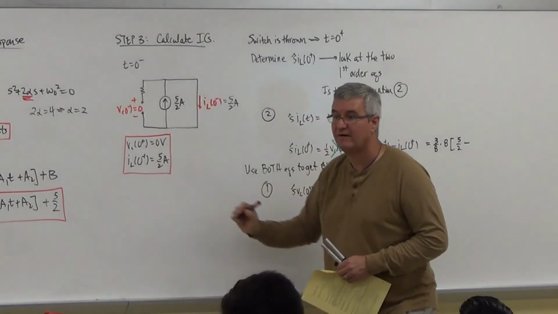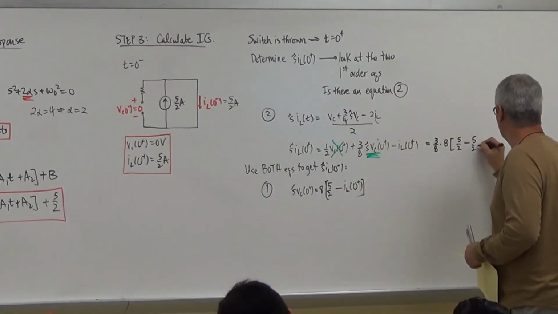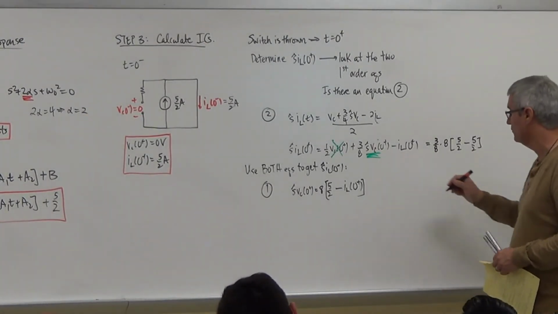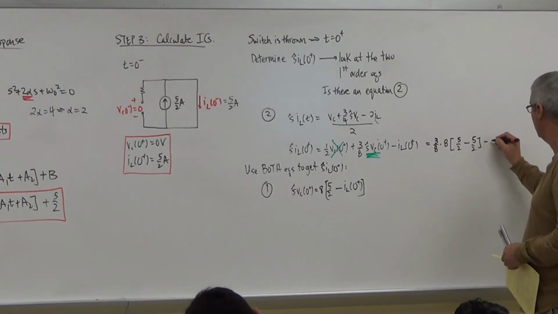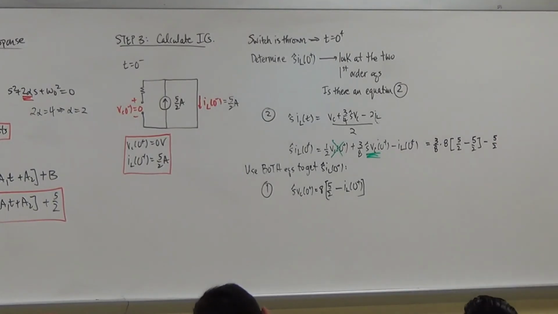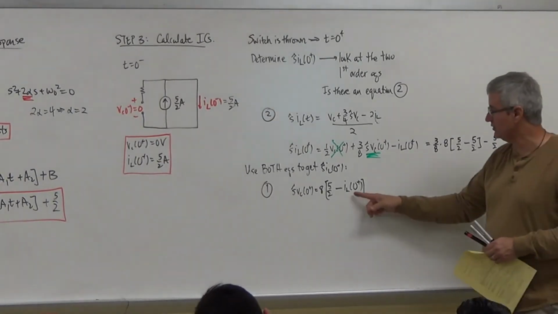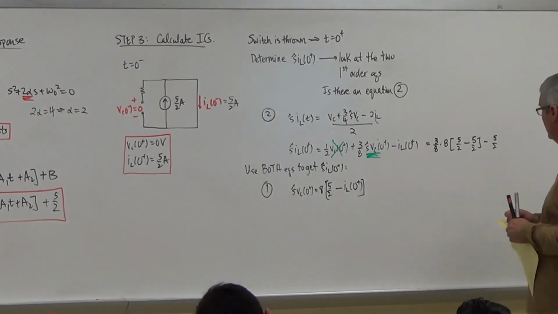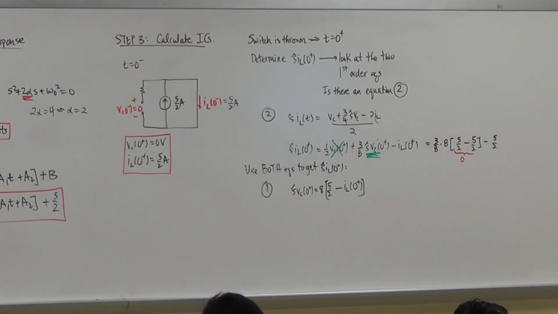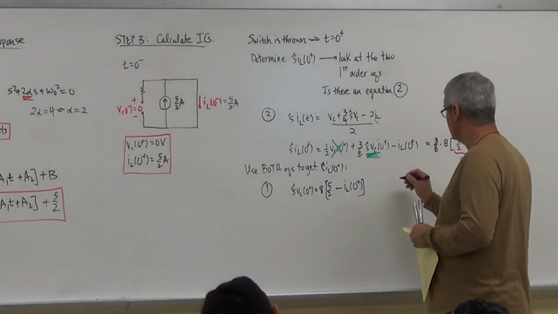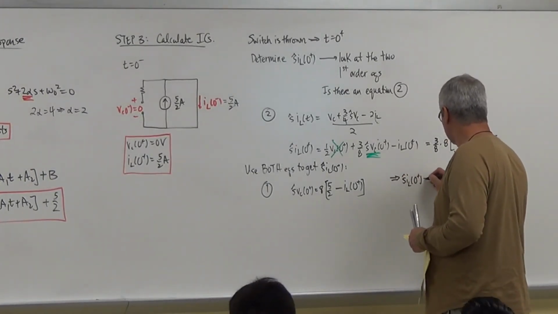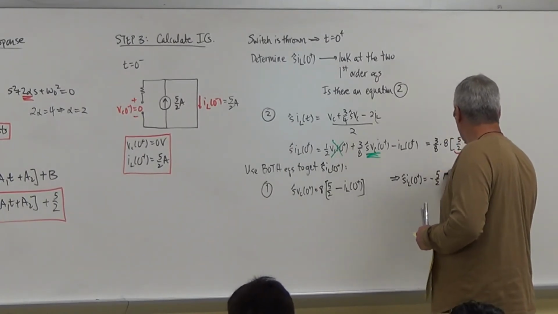What is IL? 5/2. And then I get my last term, minus IL, which is 5/2. All I did was plug this term right into here, and immediately this sums to 0. So what's my inductor current looking like? This tells me that S hat IL at 0 plus is minus 5/2 amps per second.